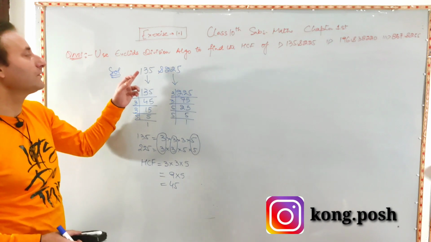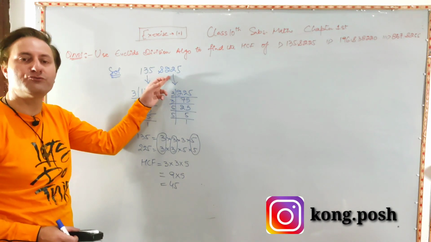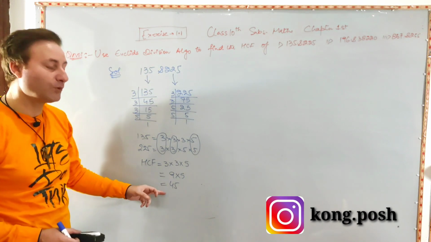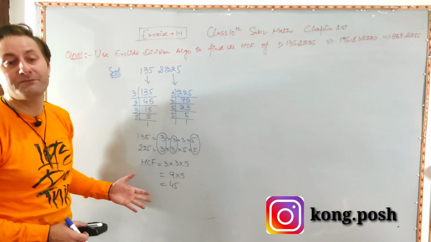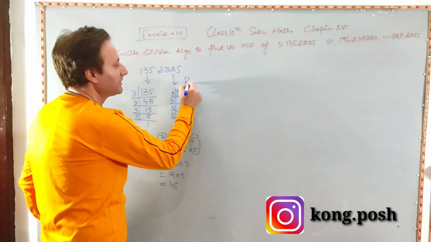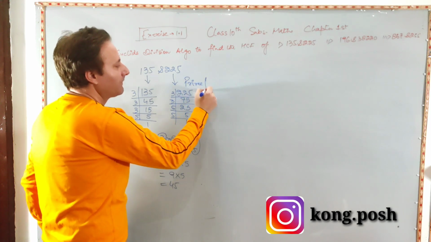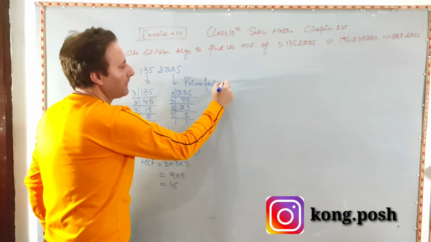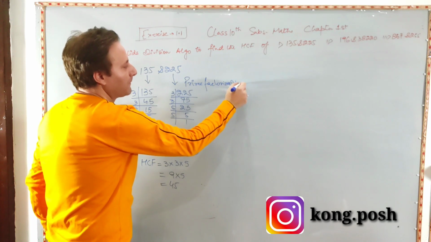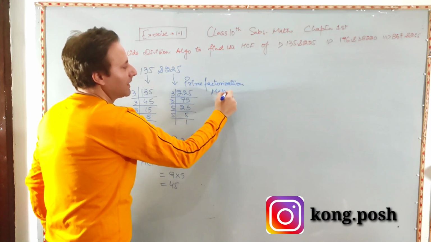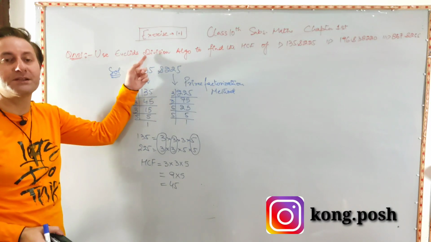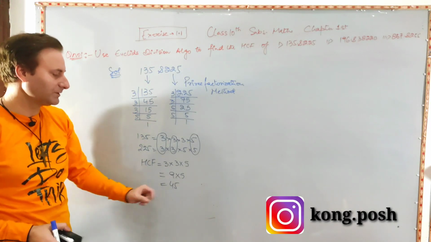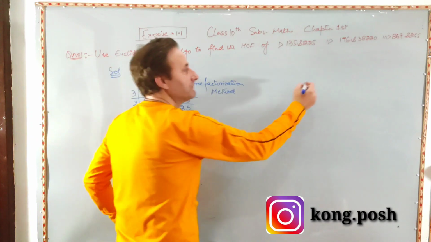So the HCF of 135 and 225 is 45, using the prime factorization method. But our question is not about prime factorization method, it is about Euclid's division. So we'll just remember the answer is 45.